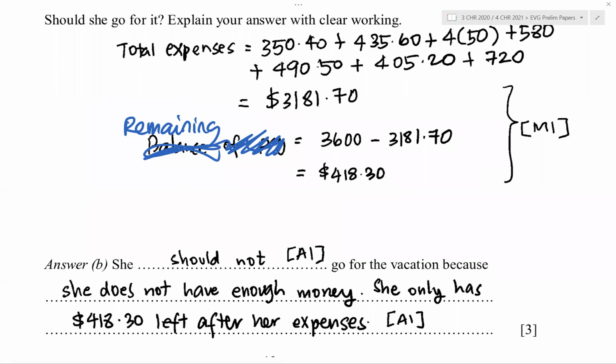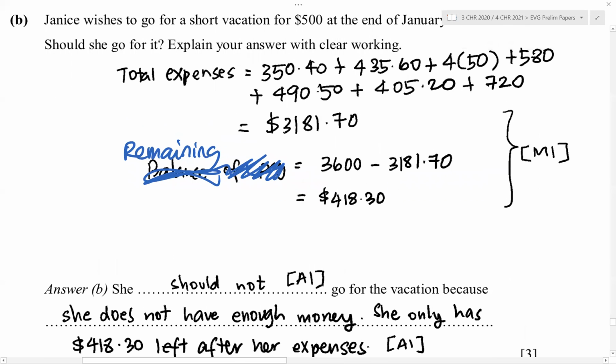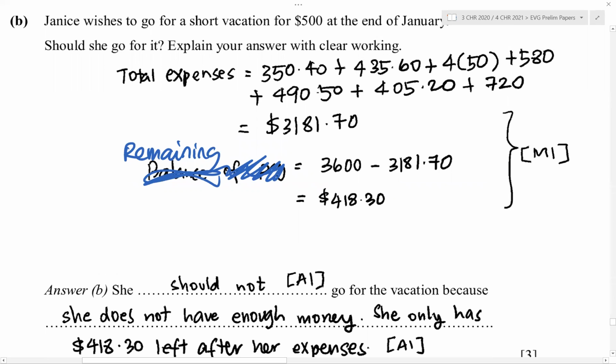Need to have $500. That was the savings.